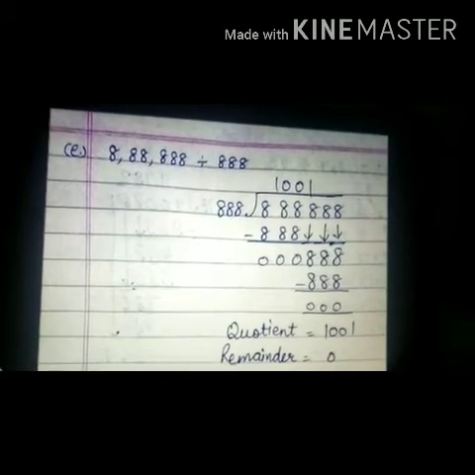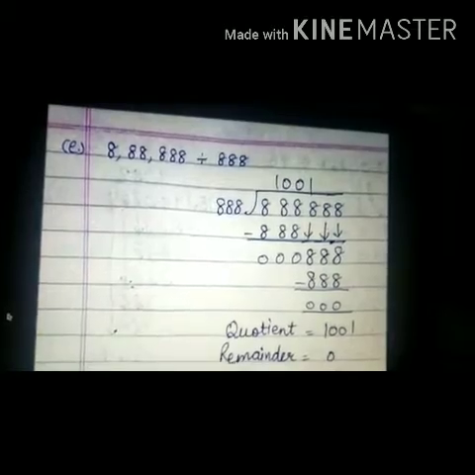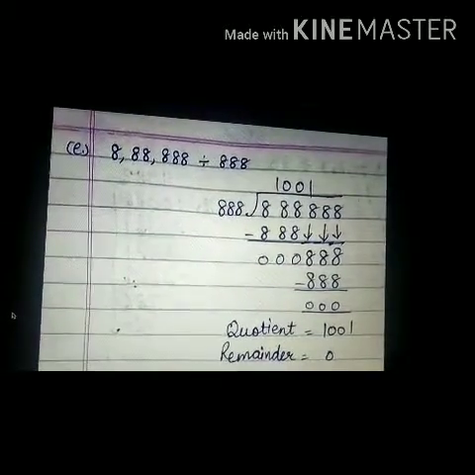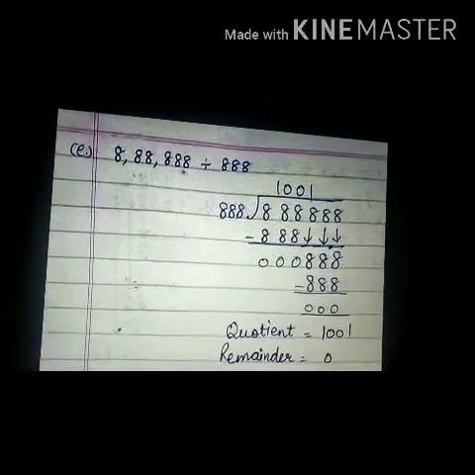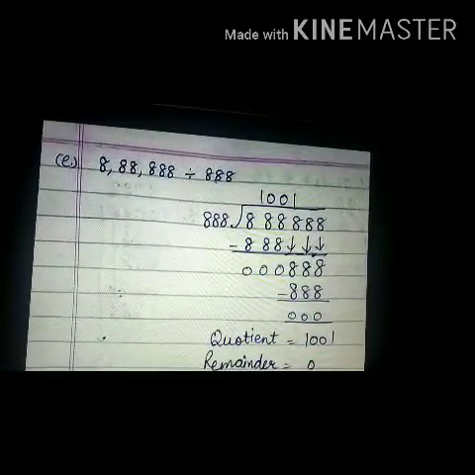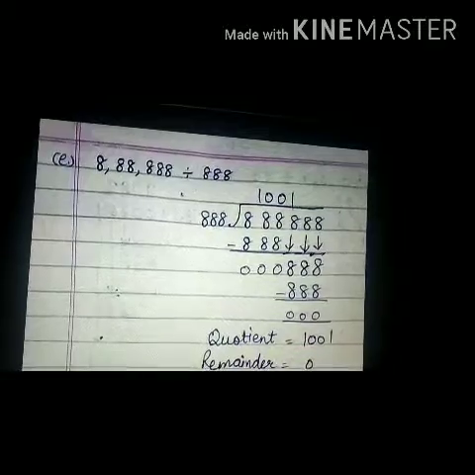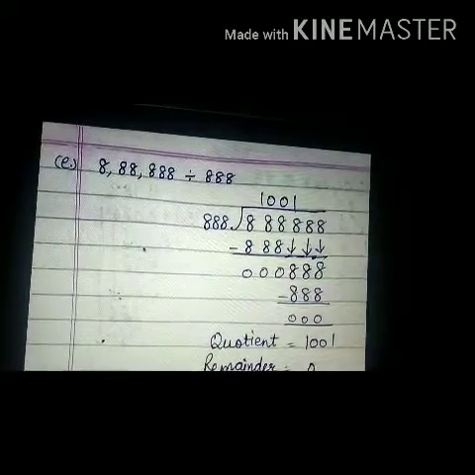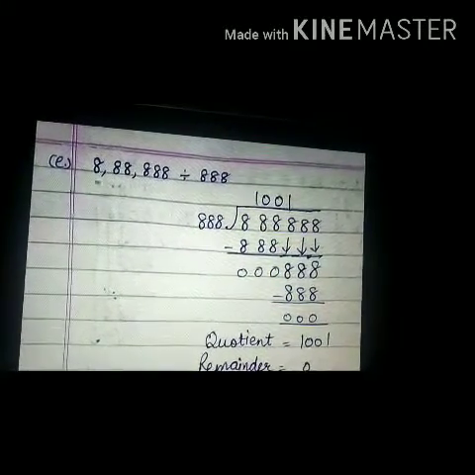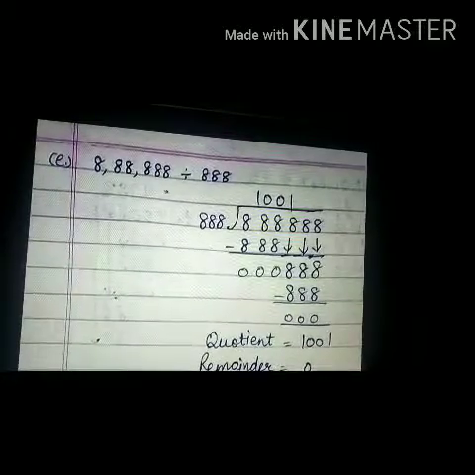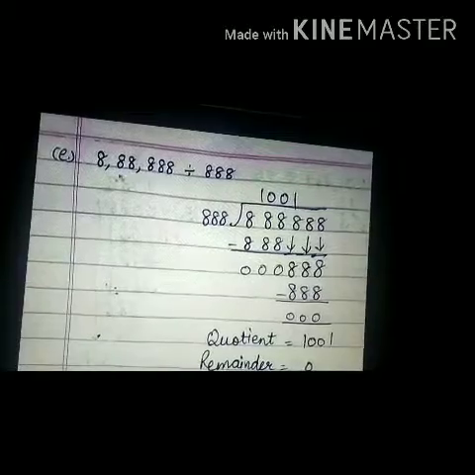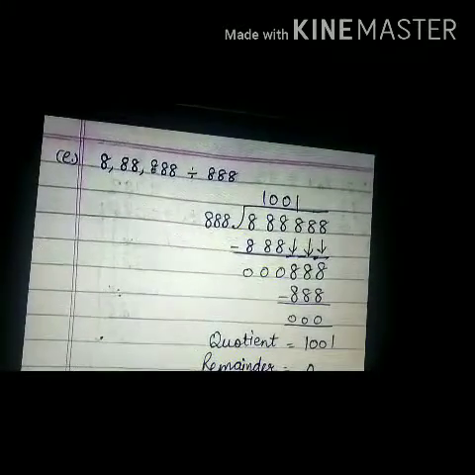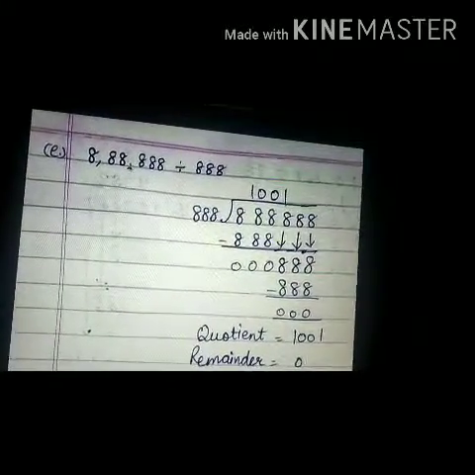Now one more sum. Here you have to divide 888,888 by 888. Here you need not write the table of 888 because when you check these numbers you will get the idea that this can be divided by the first term only.